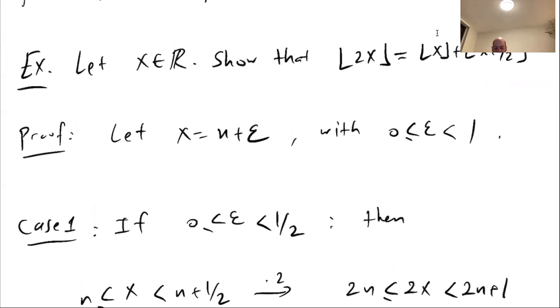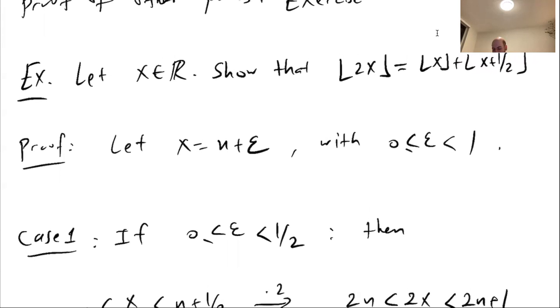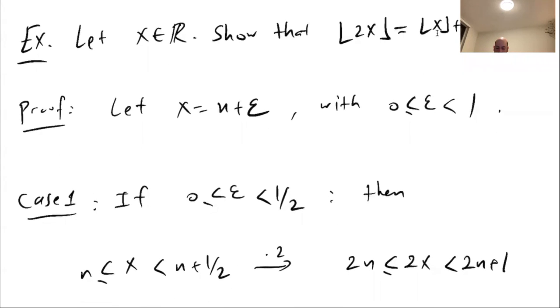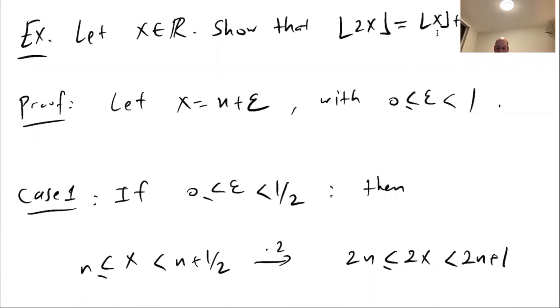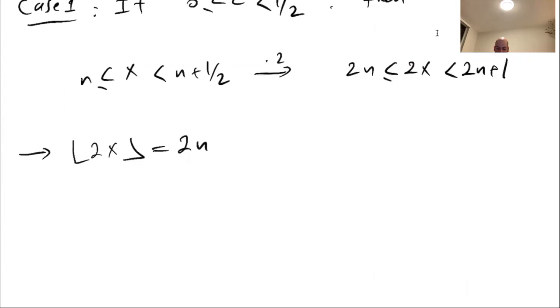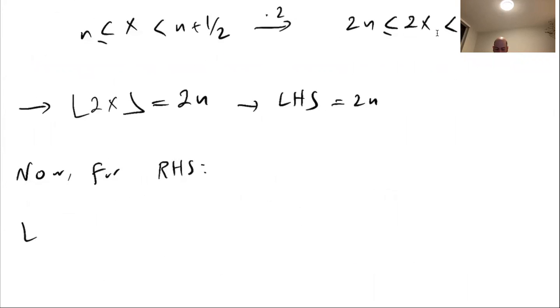Therefore, I can say that the floor is 2n. So the left-hand side is 2n. Remember, I want to show this identity. Now, if I calculate the right-hand side and show that the right-hand side is also 2n, then I'm done. So for calculating the right-hand side, first I need floor of x. What is floor of x?